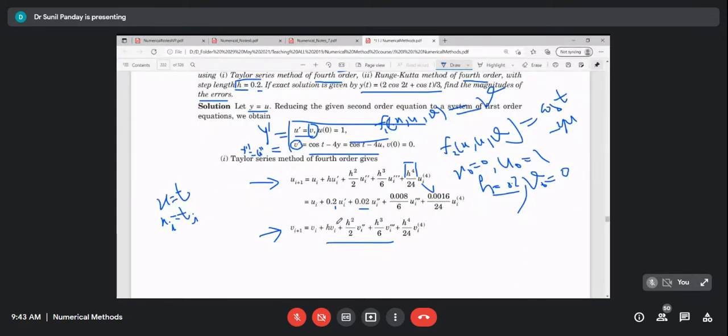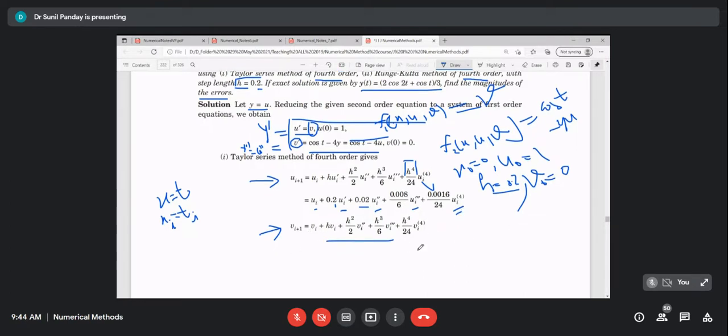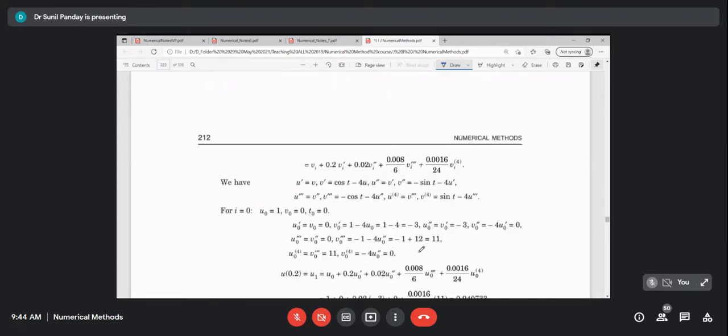After substituting the value of h, we have to substitute the values of u i dash, u i double dash, u i triple dash, u i fourth dash at the point t i, similarly for v i also.